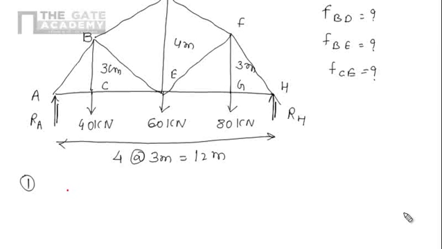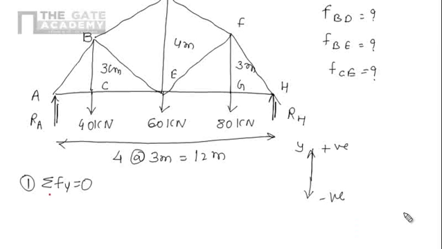So here there is no horizontal force, so I will not apply condition number 1, that is, the algebraic summation of all the horizontal forces should be 0. I will apply directly condition number 2. Algebraic summation of all the vertical forces should be 0. For our sign convention, positive y is positive, negative y is negative. This is the y direction.